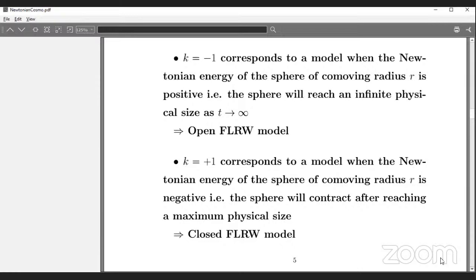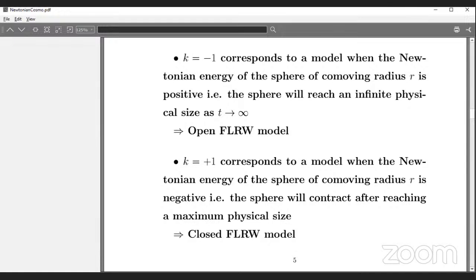On the other hand, the K equal to +1 model corresponds to the test particle's energy being negative, the test particle on the surface of the sphere of co-moving radius r, and therefore the ball will expand up to a maximum physical radius and then start contracting. Such a model is a closed FLRW model.